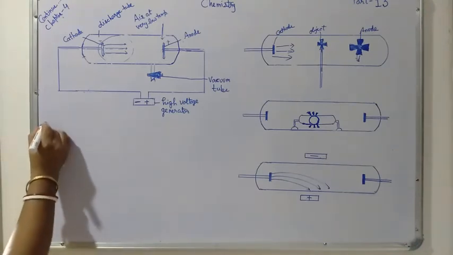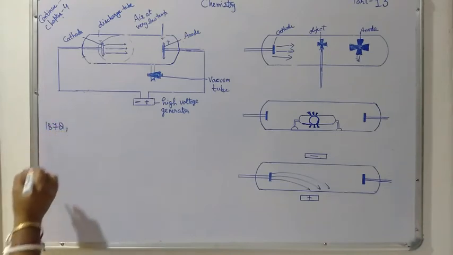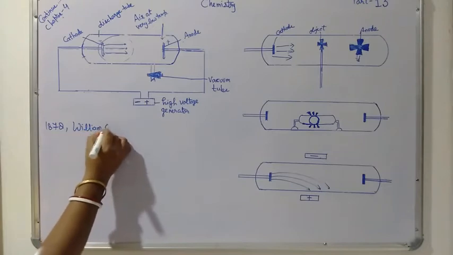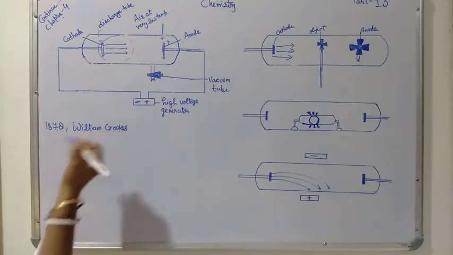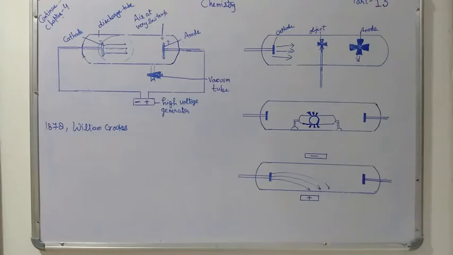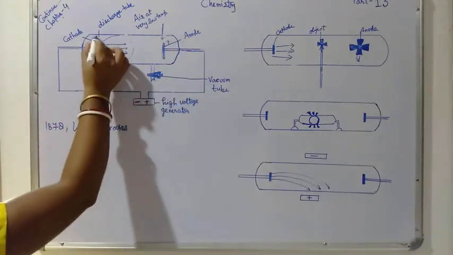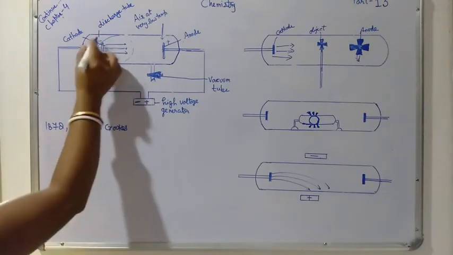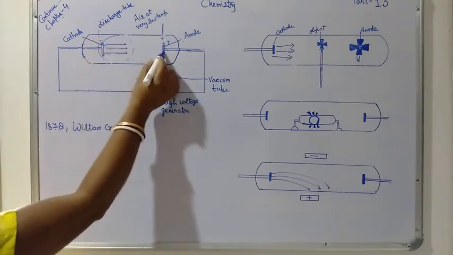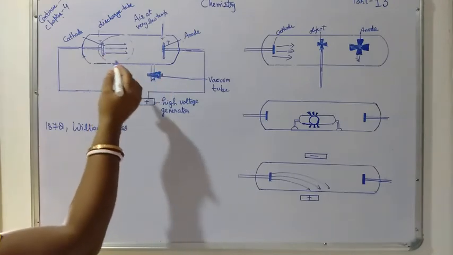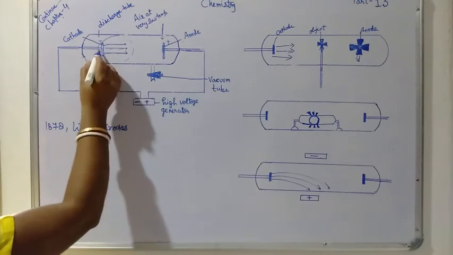In 1878, a scientist, William Crookes, performed one experiment to investigate electric discharge through gases. He took one discharge tube, and in this discharge tube he fixed two plates with any metal, copper or aluminium.